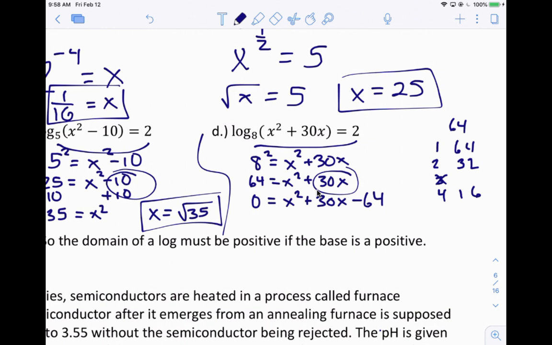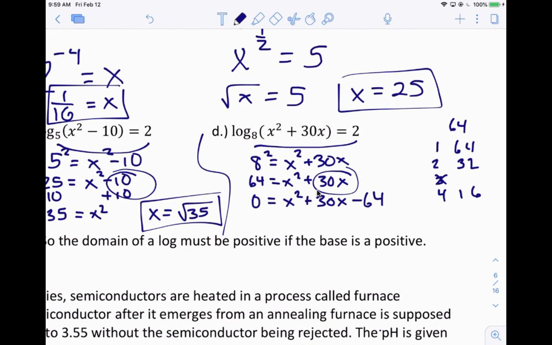Nope, that's 20. 64 divided by 5, nope. 64 divided by 6, 64 divided by 7, 64 divided by 8. Now I have a problem, because it doesn't factor. Which is a bummer.